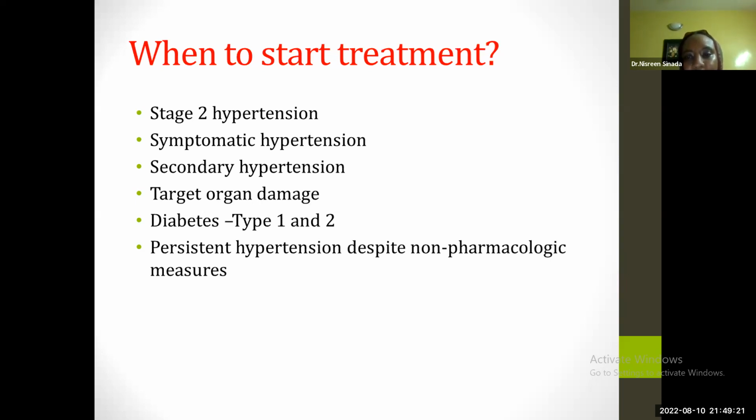And we mean by non-pharmacological measures the DASH diet, which is the dietary approach to stop hypertension. It is fresh fruits, fresh vegetables, and a low salt diet, exercise, and all these things. If these measures do not drop the blood pressure, especially in stage 1 hypertension, then you can start treatment. But in stage 2 hypertension, you directly start treatment.